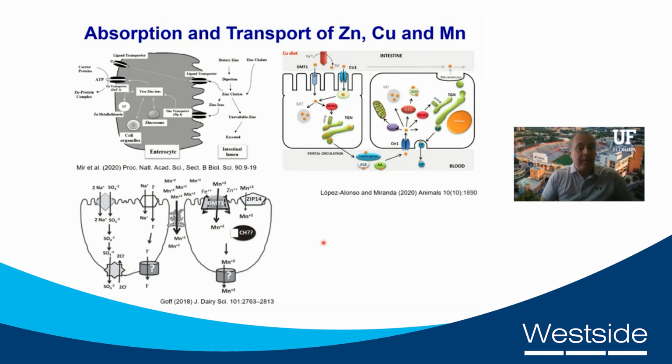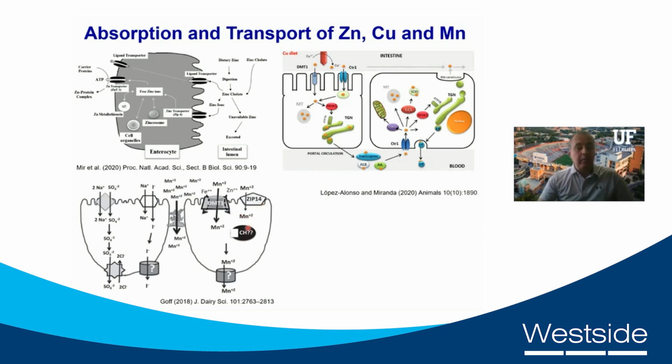Lastly, manganese. The mechanisms of manganese absorption are less clearly characterized, but there are three transporters in the apical membrane. The same divalent metal transporter 1 that can carry copper, can carry iron, can carry manganese, but also ZIP14 and ZIP8. These are two cell membrane proteins that can carry manganese.